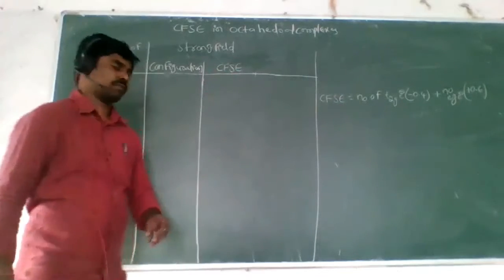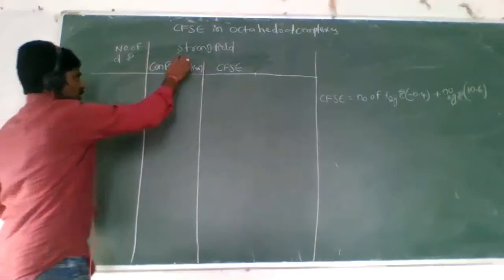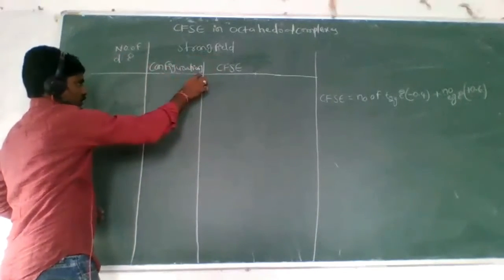Is that clear? Look at the number of d electrons, the strong field configuration.